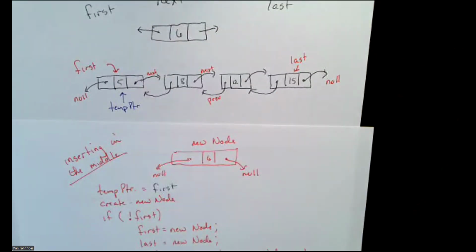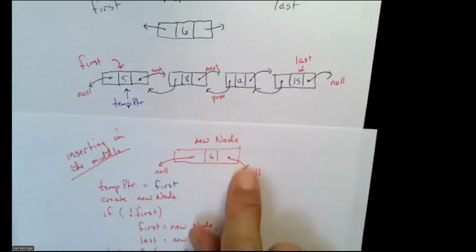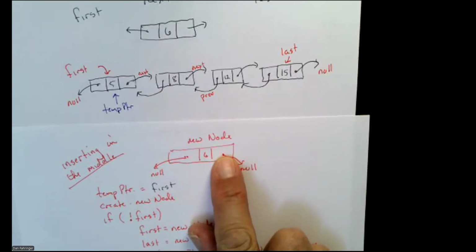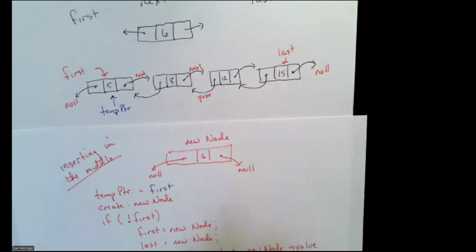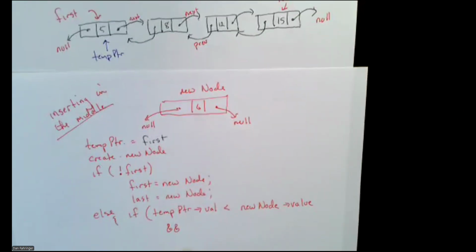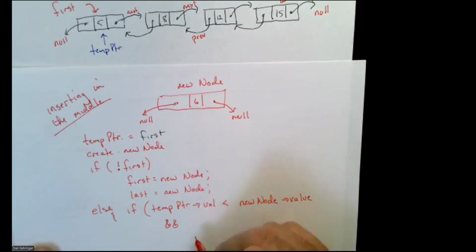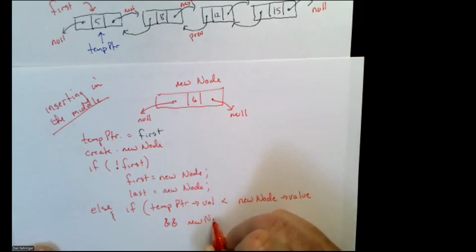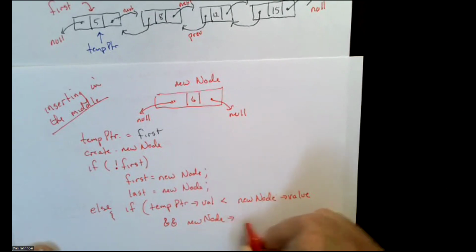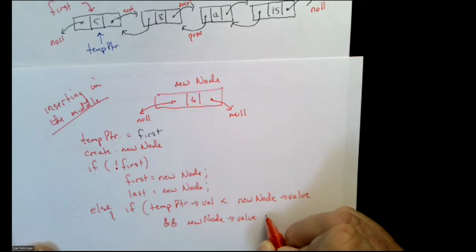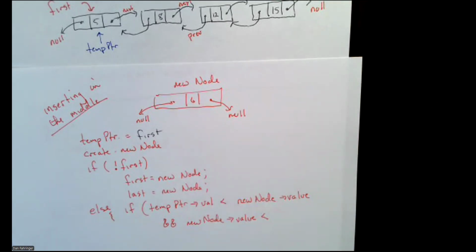If temp pointer's value is less than new node's value and new node's value is less than temp pointer's next value.